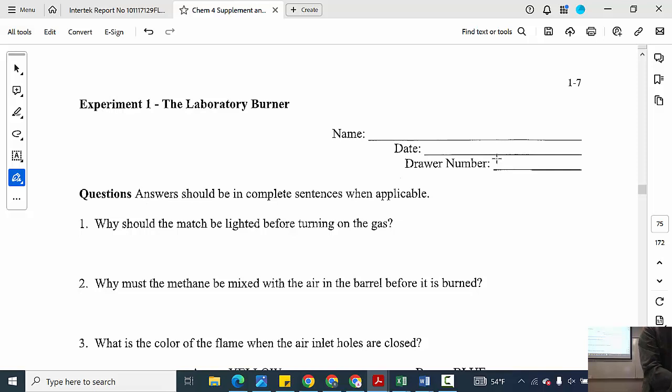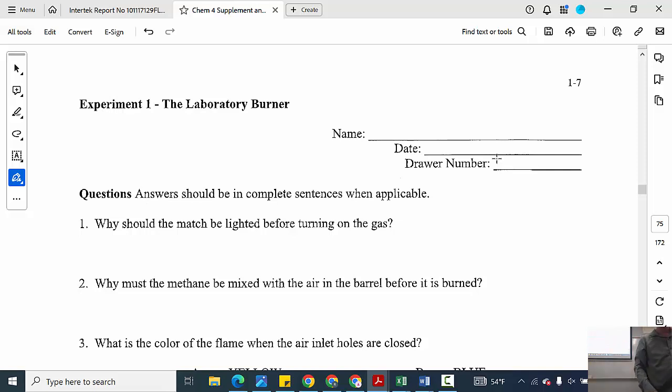It's not bad. Do you see that? A little bit of yellow. There's a lot more yellow. I don't want to leave a yellow flame like that for very long.